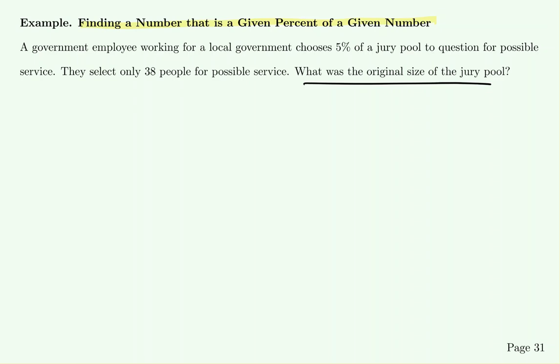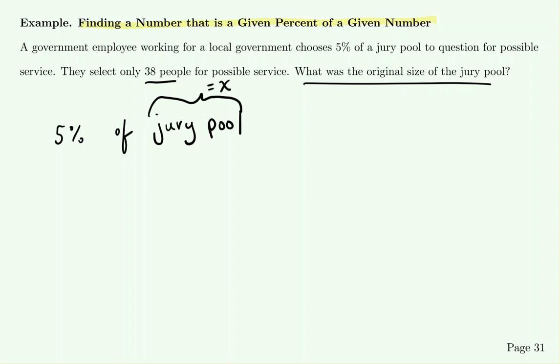So what happened is there was an original jury pool, which we can assume is larger than 38. Because to only select 5% and end up with 38, you had to be quite a bit larger. And what we were doing is we were finding 5% of jury pool. And specifically, we don't know the size of the jury pool.